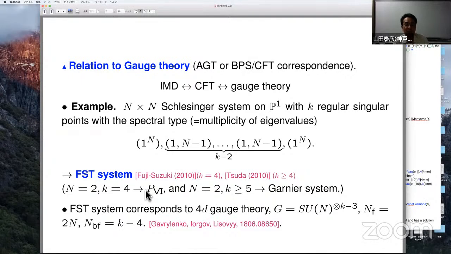This is a special case of the Schlesinger system. And when the matrix size n is 2, then they are equivalent to the Garnier system.